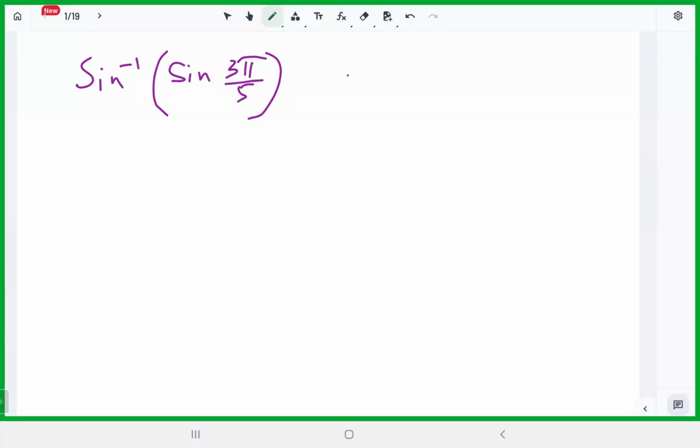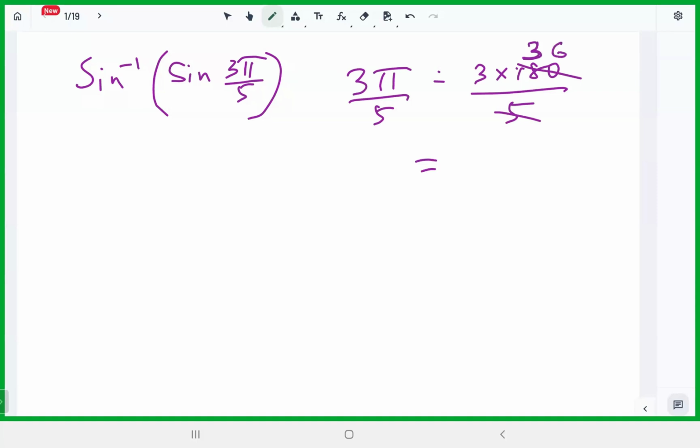Let's see. 3 pi by 5 means 3 into 180 by 5. By cancelling, we get 36. 3 into 36 is 108. It is 108 degrees. And what was the principal value branch of sine inverse?